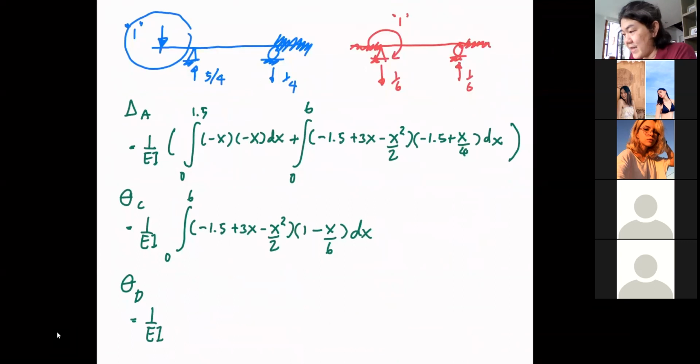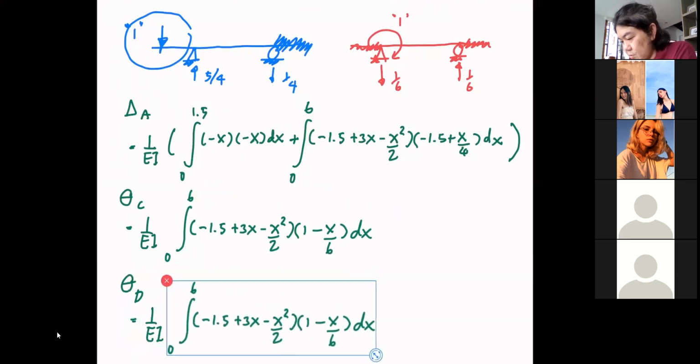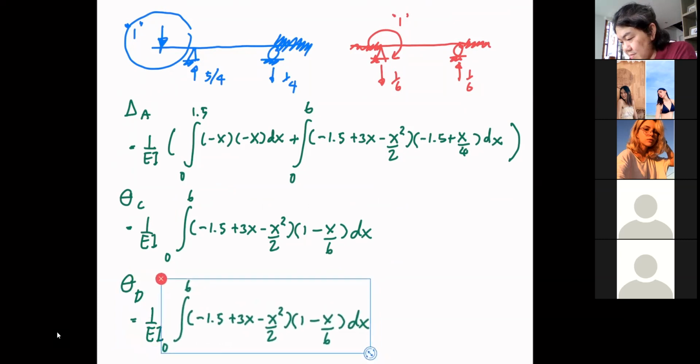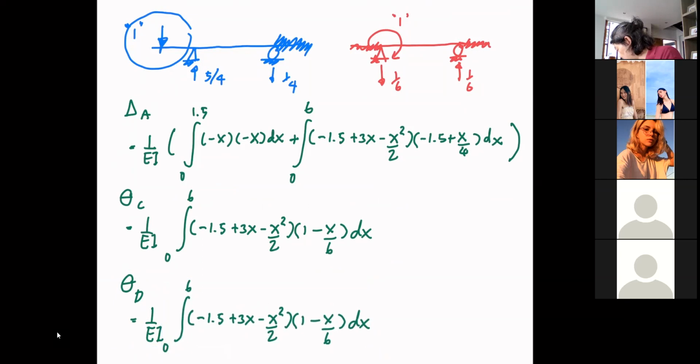I only need to change the second term, so I'm just going to copy this. Oh, I can also recolor, I didn't know that. But in this term, I need to change this into that. So the 1 is gone. Okay, so that's the zeta D.